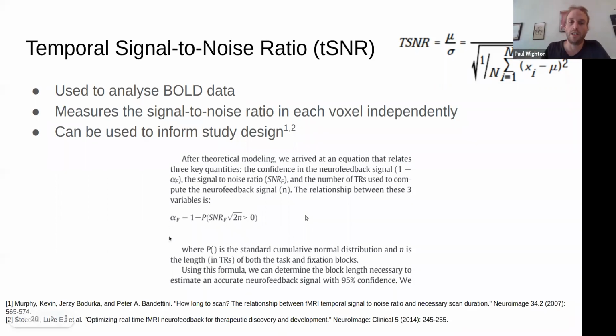And there's a really nice relationship between the alpha level, like the confidence you have in detecting a signal, the signal to noise ratio, and how many TRs you're going to average over. So that really helps you inform fMRI study designs.